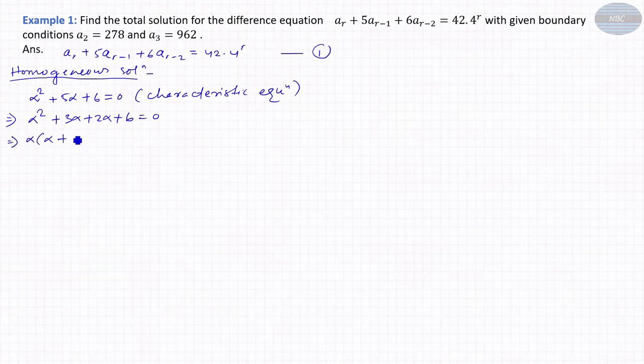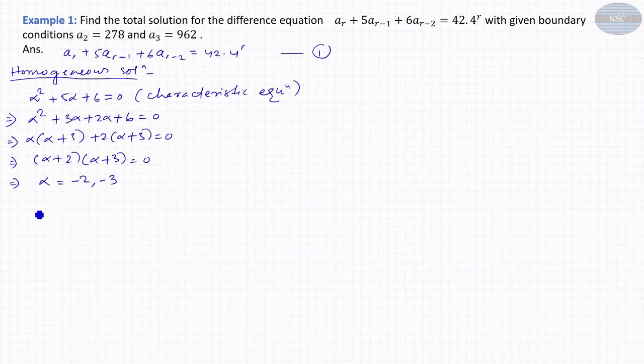Alpha is taken as common here, 2 is taken as common here. We have (alpha plus 2) into (alpha plus 3) is equal to 0. So alpha is equal to minus 2, minus 3.